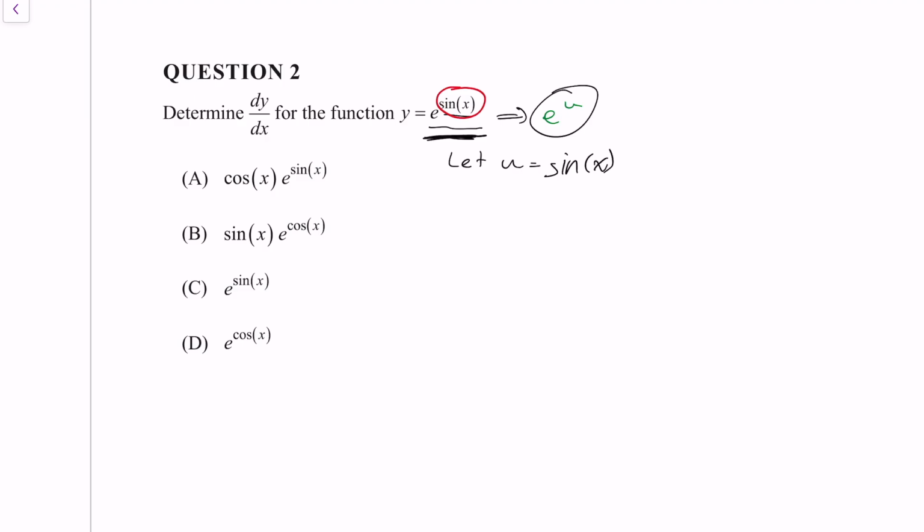I'll just rewrite y equals e to the u, and then what we do from here is derive both u and y in terms of x and u respectively. So du dx equals, in the formula sheet you will know that deriving sine x will just be cos x, and dy over du, differentiating that will also just be, in your formula sheet, the same thing, e to the power of u.